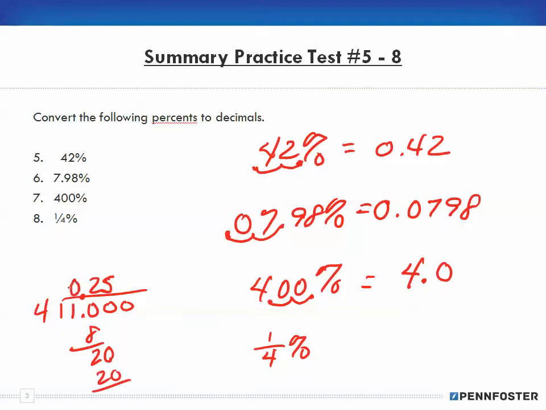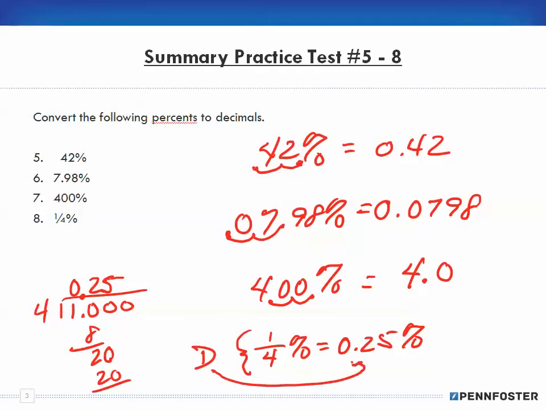So I have a decimal of 0.25. But remember, right now, that is 0.25%. All I did was convert the fraction into a decimal.